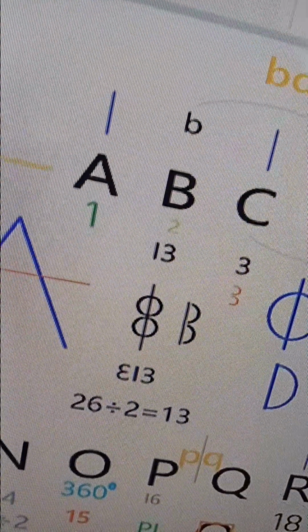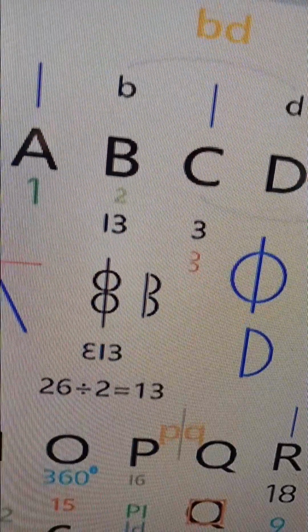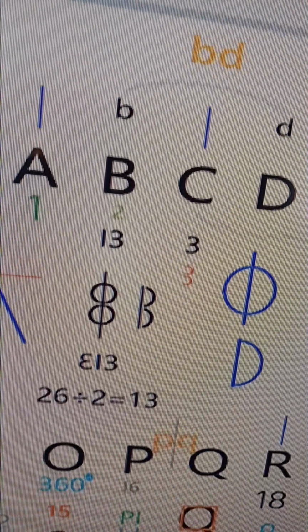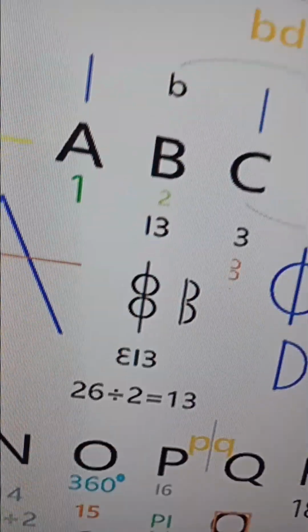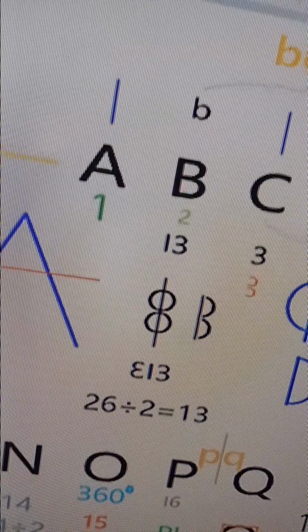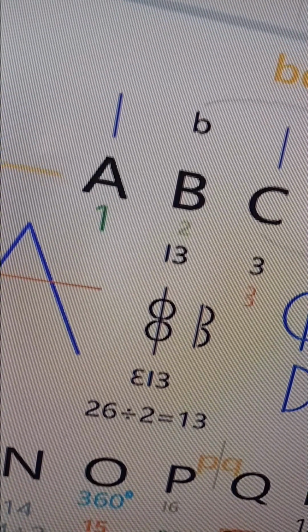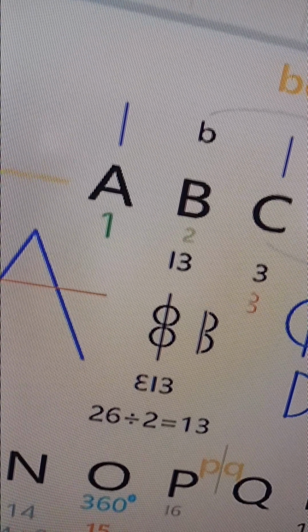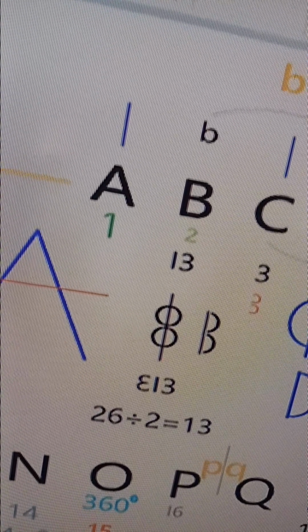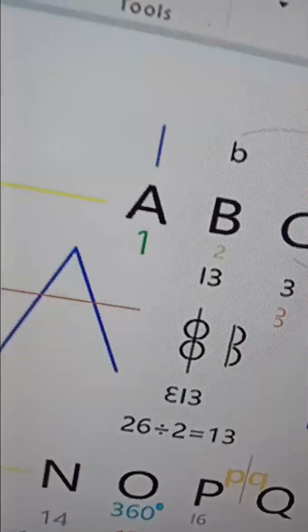Let's go to B. Now, lowercase b is a mirror of D, and they're reflecting because they're on each side of C. B, if you actually take the letter and you separate it, it turns into a 13, because the letter B is telling you there are 2, because it's the second letter, there are 2 sets of 13.